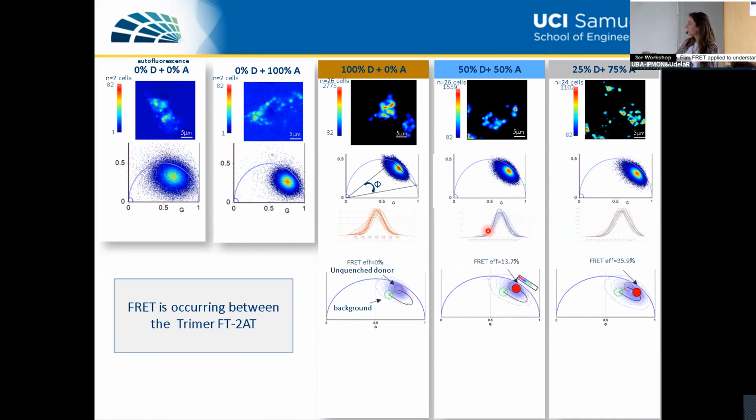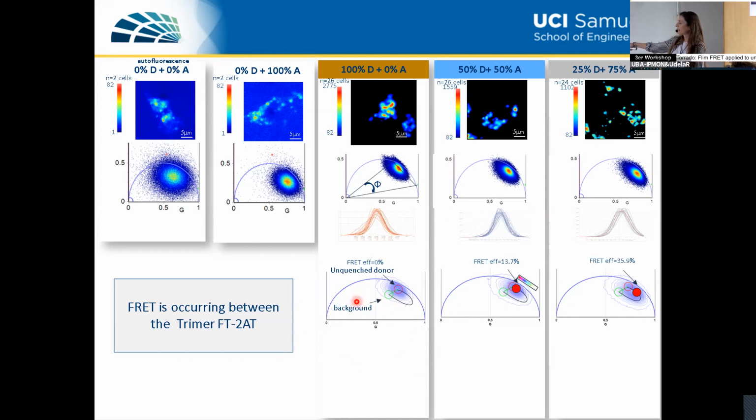Then we use the function of the software to calculate the FRET efficiency. And here we can see the situation of the last one that I showed, where we have a mono-exponential decay, multi-exponential decay, and all the points are inside the universal circle. And we have this quenching curve trajectory.